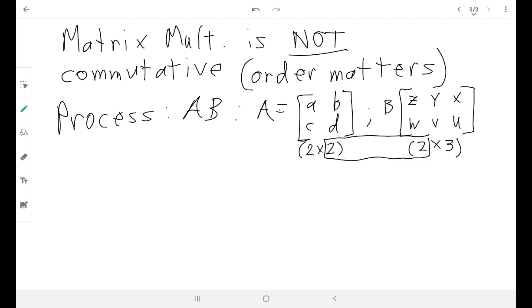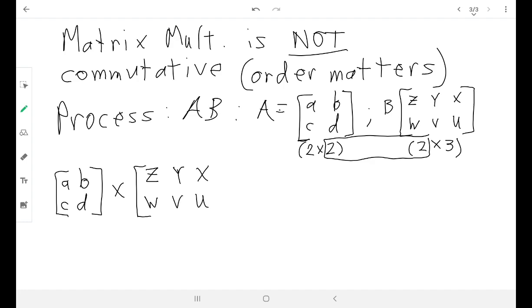Okay, so here's how the process works. We're going to do this matrix A times, and it actually turns out that that is the right way to write it this time. You can finally use that cross that I've kept you away from for so long. So times ZYX, WVU. And here's how you do that.